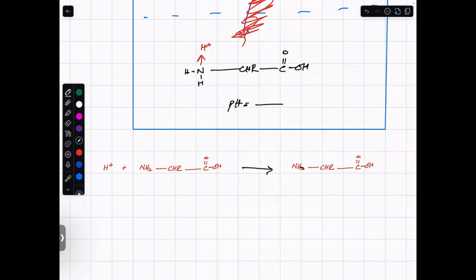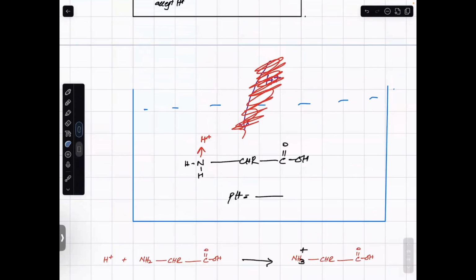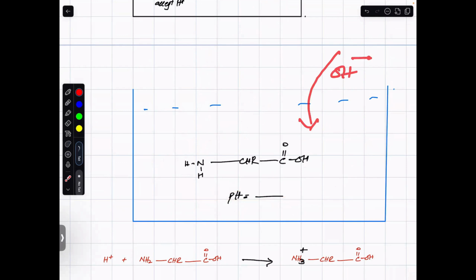This H plus becomes bonded to this. It's no more part of the solution. Now, if in the same solution it has a certain pH, everything was balanced. OH accidentally comes with the pipette.